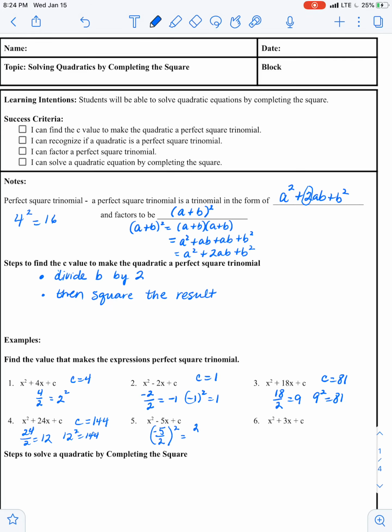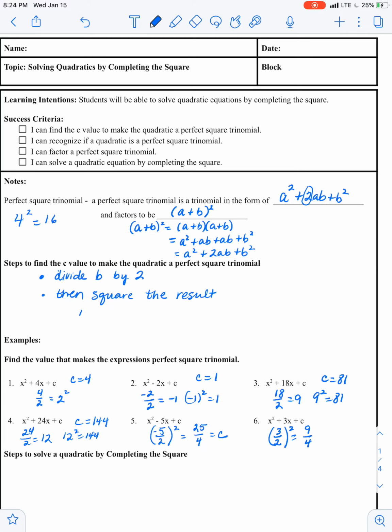So in this case, I would get 25 over 4, and that would be what C is. Okay, now with that in mind, try number 6. Okay, so it is 3 divided by 2. Again, that does not come out even, so I'm just going to go ahead and square my result, and I get 9 over 4.